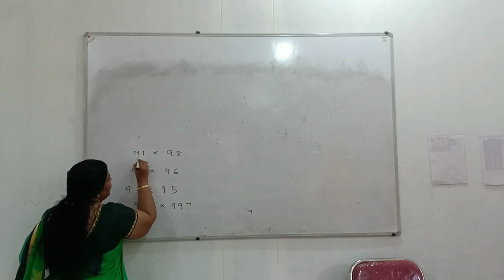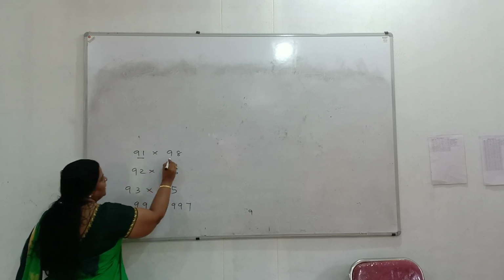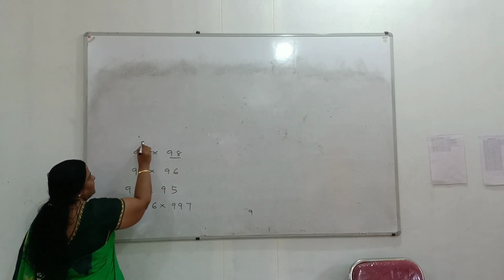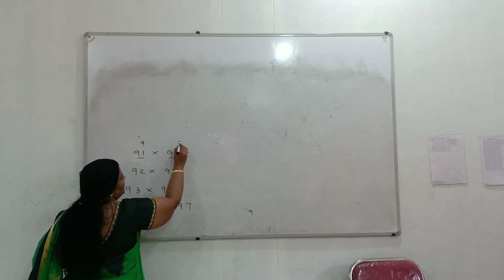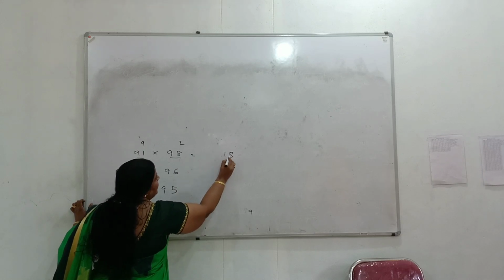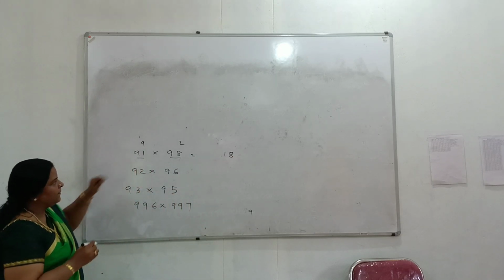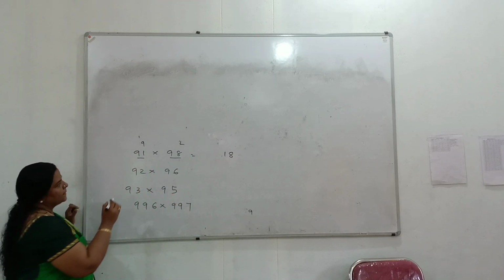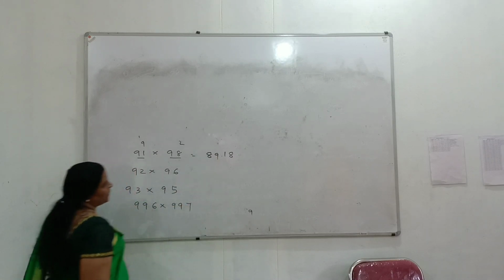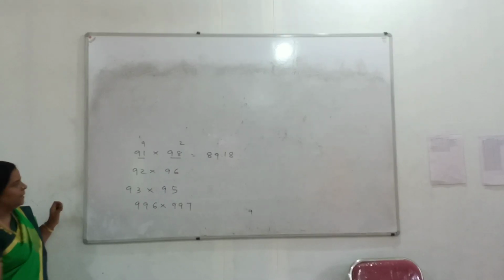We can mark a line here. Here also only for 2 digits. In order to reach 100, put 9 here. In order to reach 100, put 2 here. And take the product of 9 and 2, 18 here. And take the sum of 91 and 98, 189. Hence write only 89.